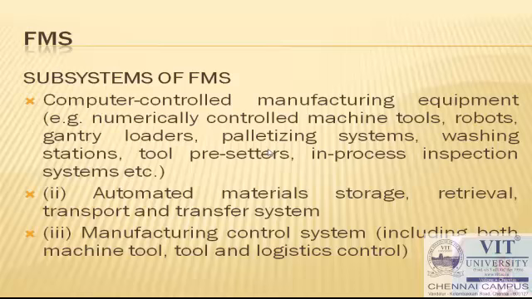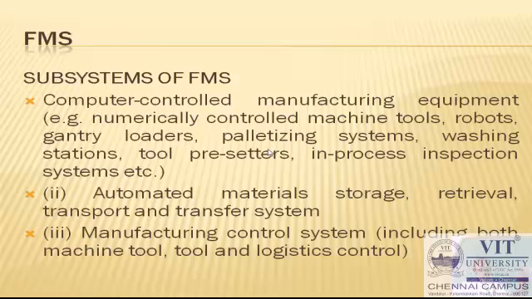Either you can change the machinery, which is all controlled by a central computer or a controller, or you can change the material handling system. It may be palletizing, or by using an AGV, by using automated handling equipment, or by integrating a robot cell.